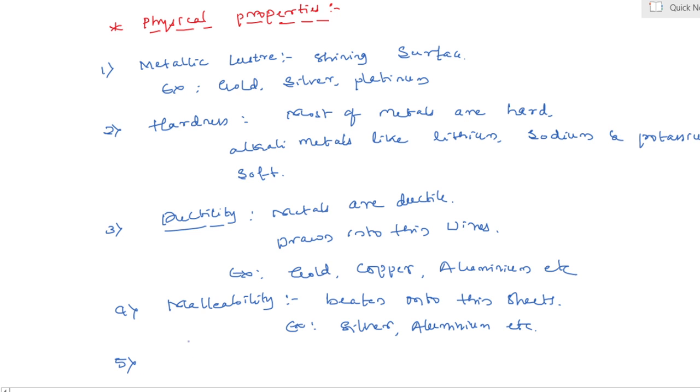Our next physical property is electrical conductivity. Most of the metals are good conductors of electricity in solid state. However, conductivity may vary from one metal to another metal.